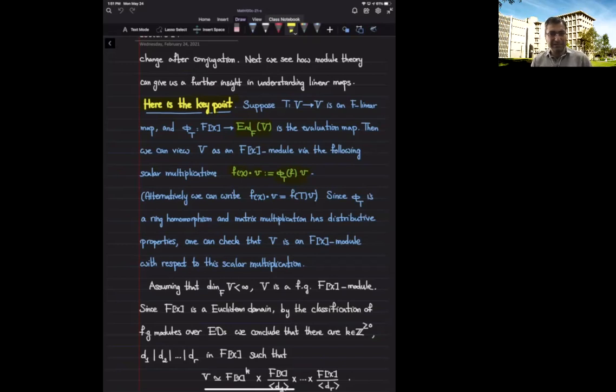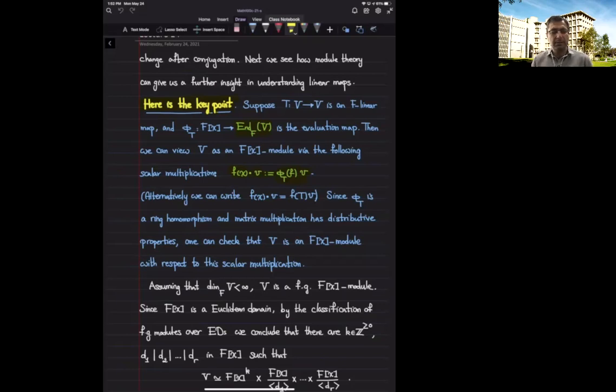So we can view V as an F[X] module with the following scalar multiplication. Given a polynomial f and a vector v in the vector space, we define f dot v to be what the endomorphism obtained by evaluating f at T does to the vector v. So essentially f dot v is nothing but phi sub T, the evaluation at T of f, applied to the vector v.